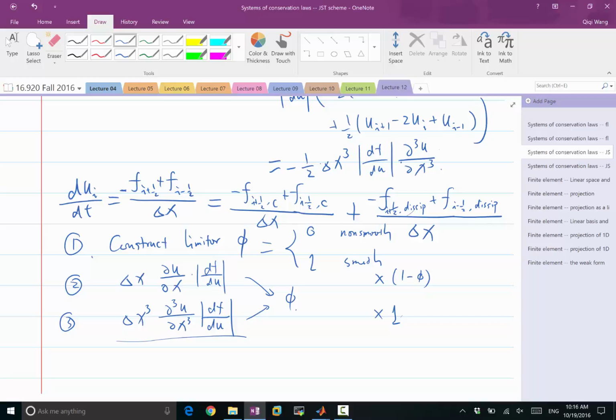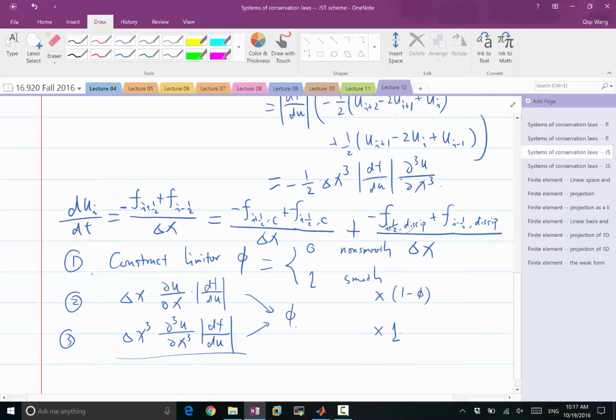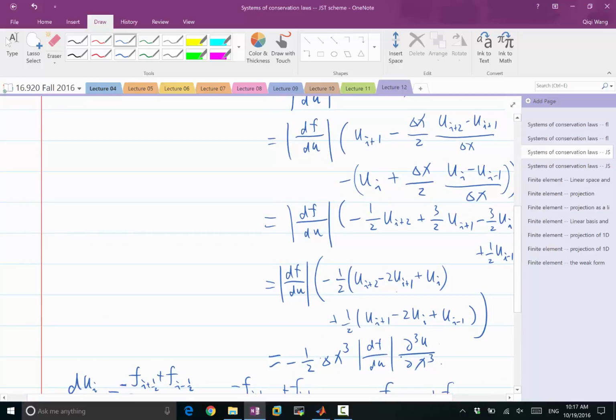So this also applies for multiple dimensions. The only difference in multiple dimensions is the gradient reconstruction. Here we are constructing the gradient by just taking the difference between two adjacent cells. In multiple dimensions, you need to take more than 2 cells to reconstruct a gradient.